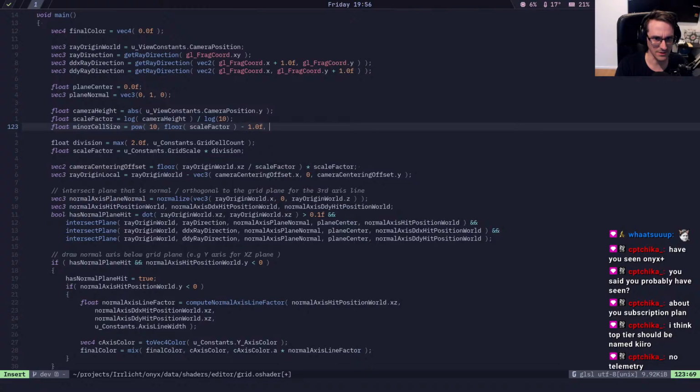That is basically because if we would just do 10 to the power of the scale factor, we would never go below, actually in this case below 1, because 10 to the power of 0 is 1, because this cannot go below 0, right?